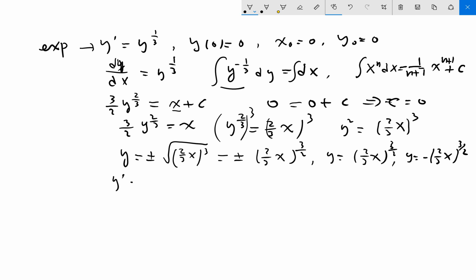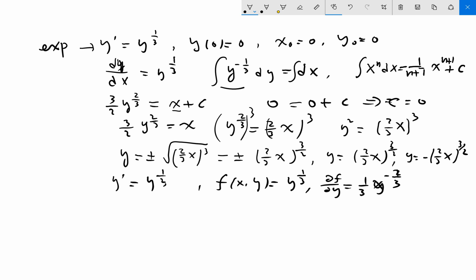So for this problem, f(x, y) equal to y to the 1/3. Okay, and the partial f with respect to y gives you 1/3 y to the negative 2/3. Okay.